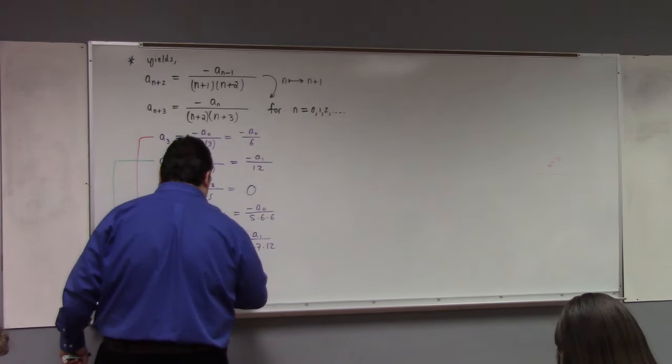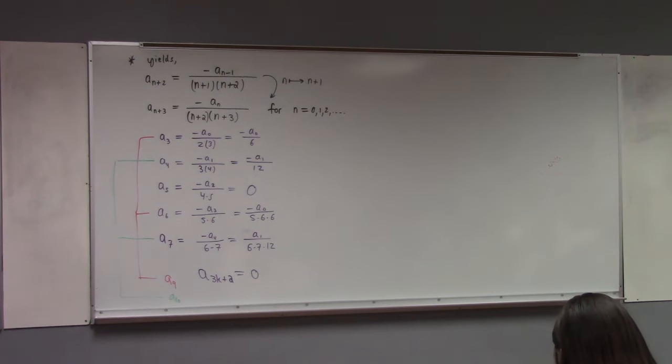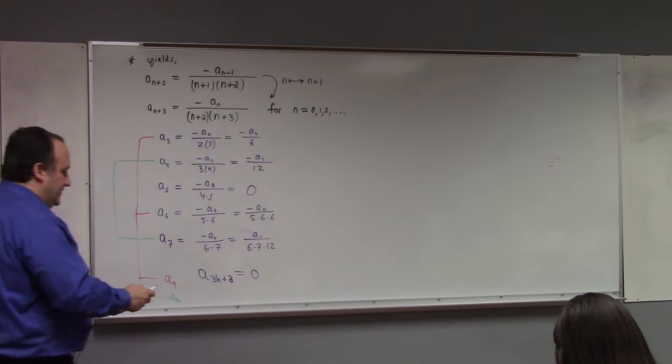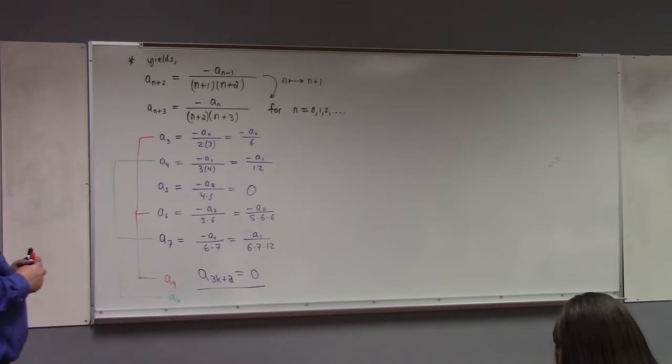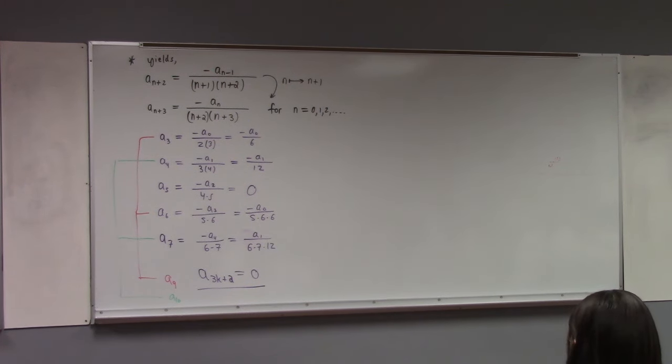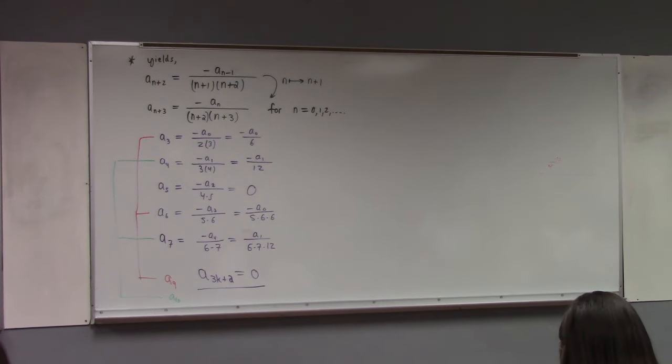So these are the things like a sub 2, a sub 5, a sub 8, a sub 11. There's a triplicity. These are all 0, starting with a2, right? Because ultimately the star equation links 3 orders separate. But anyway, I'll finish this thought next class, so that's where we're stopping for today. So thanks, guys.